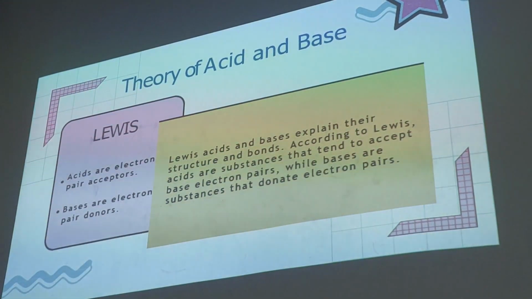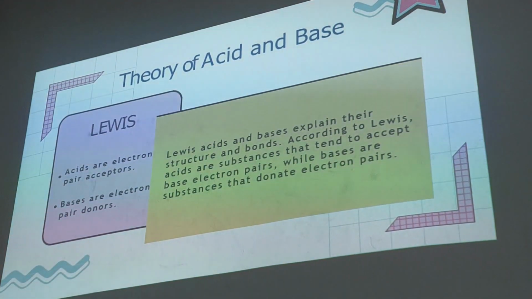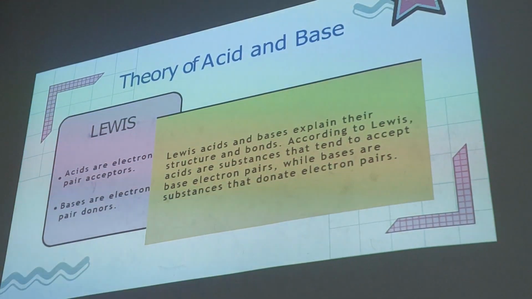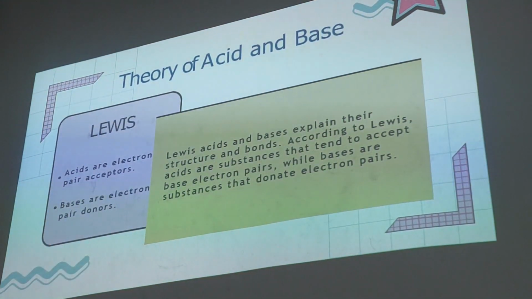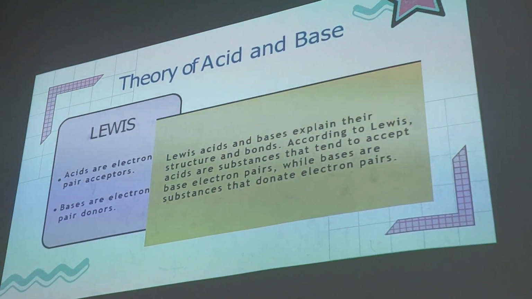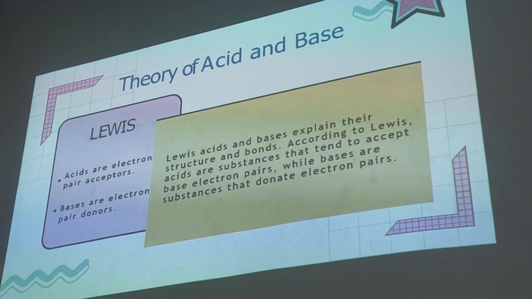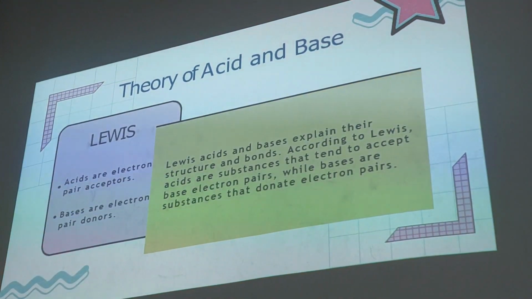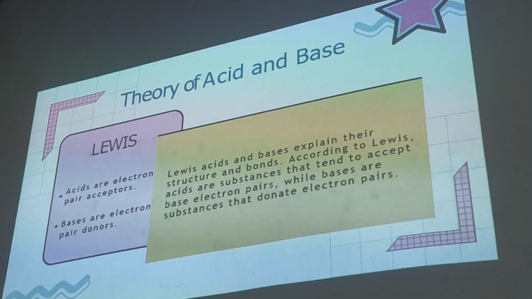This is the opposite from Bronsted-Lowry. Lewis acids and bases explain their structure and bonds. According to Lewis, acids are substances that tend to accept electron pairs, while bases are substances that donate electron pairs.